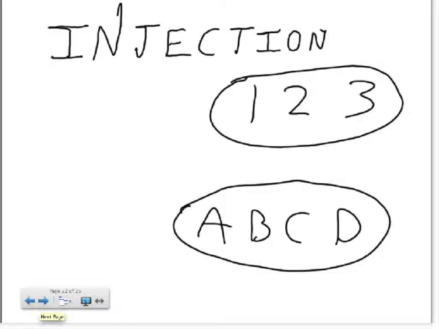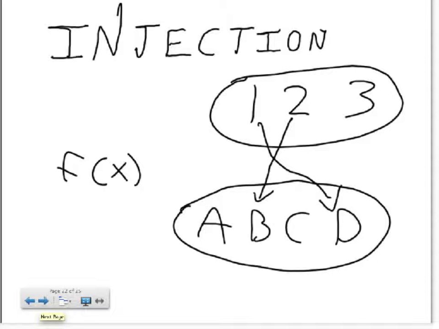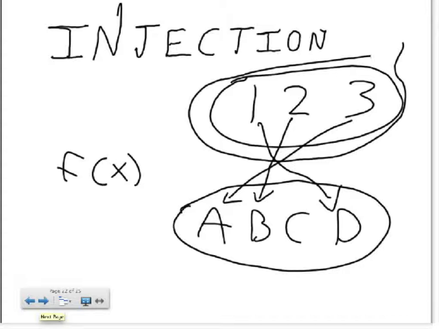Now suppose that for this function, 1 maps to d, 2 maps to b, and 3 maps to a. Now, as you can see, each element in our domain maps to exactly one other unique element in the codomain, and so therefore this function is injective.